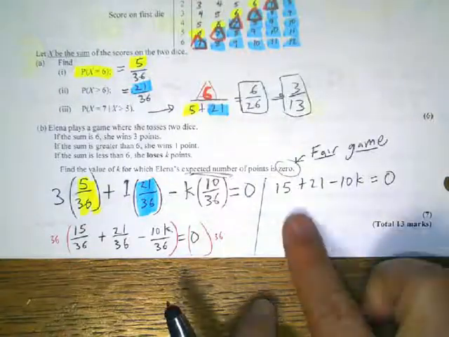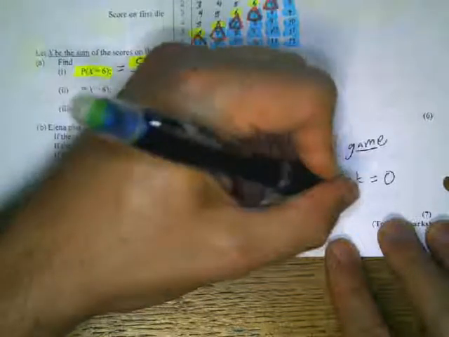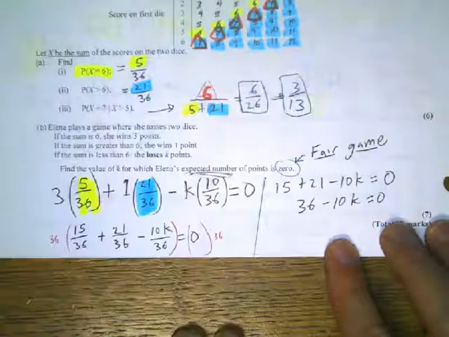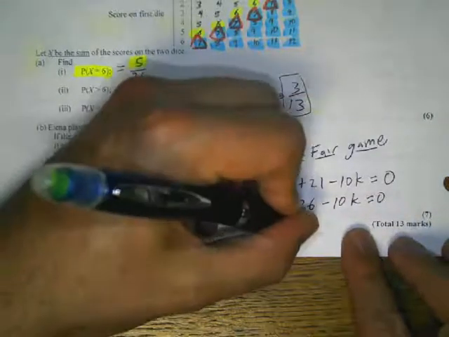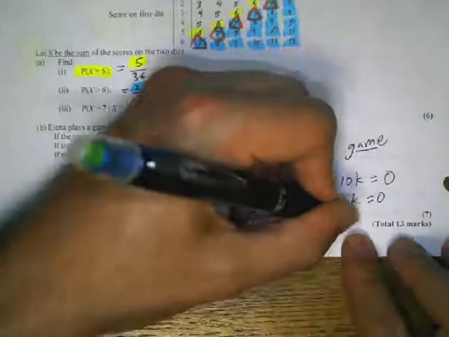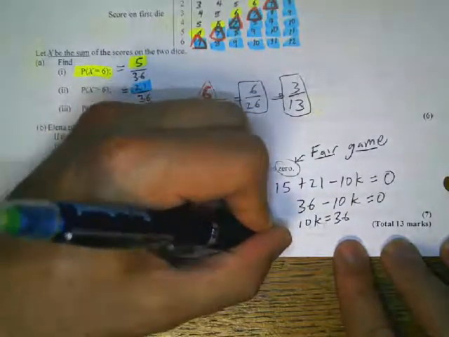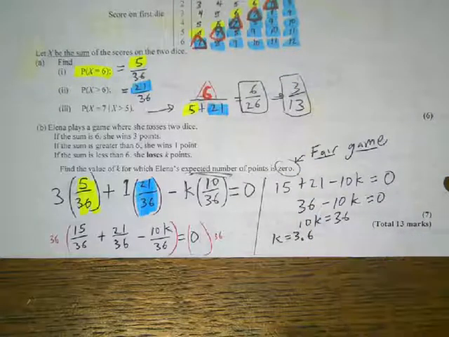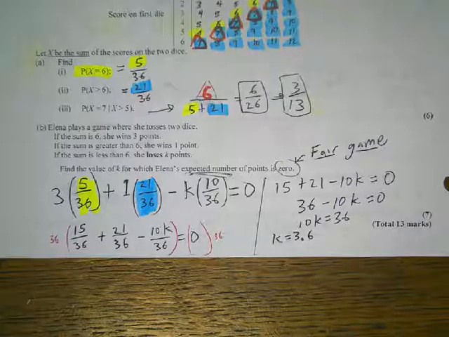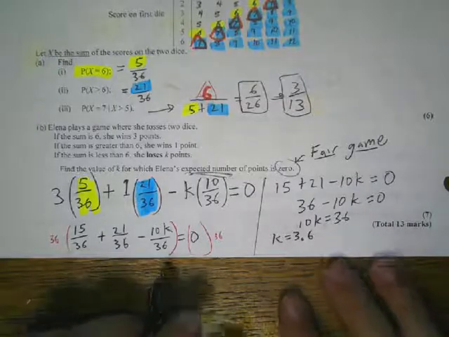Okay, so 15 and 21 is 36 minus 10k equals 0. So let's subtract 10k on both sides. I have 10k equals 36. Divide both sides by 10. We know that k equals 3.6. So we know that k needs to be 3.6.